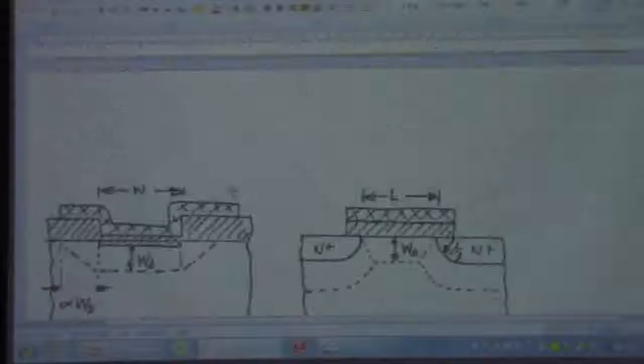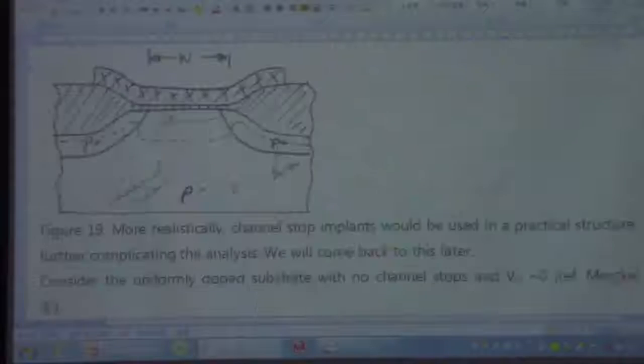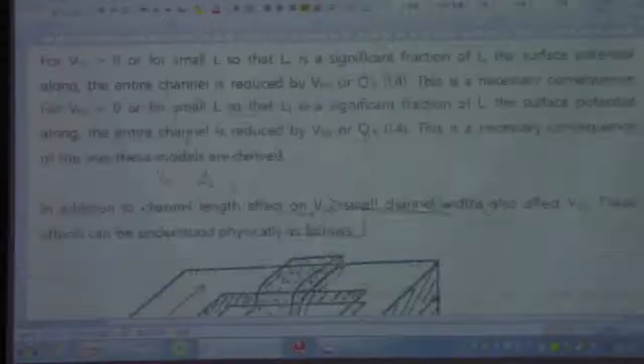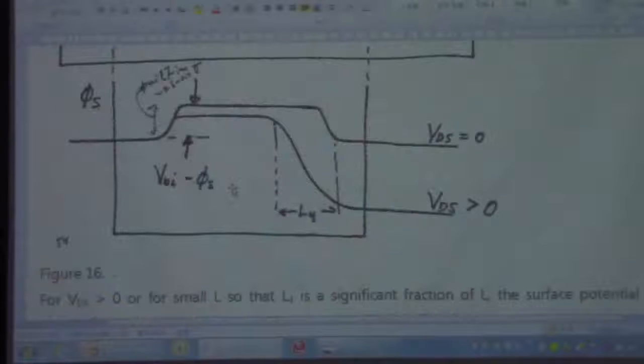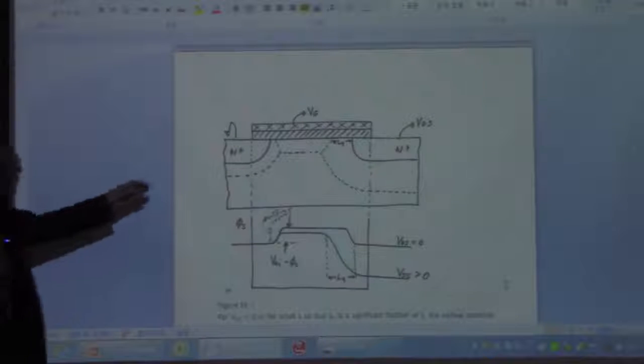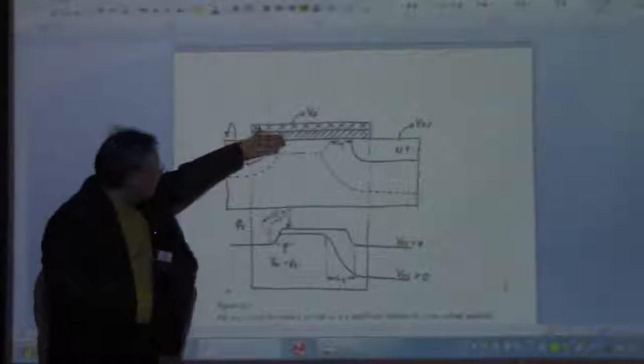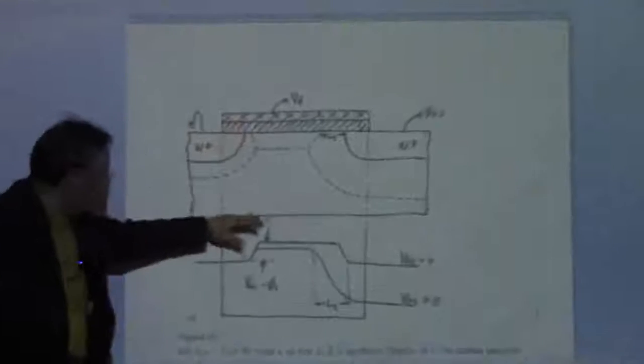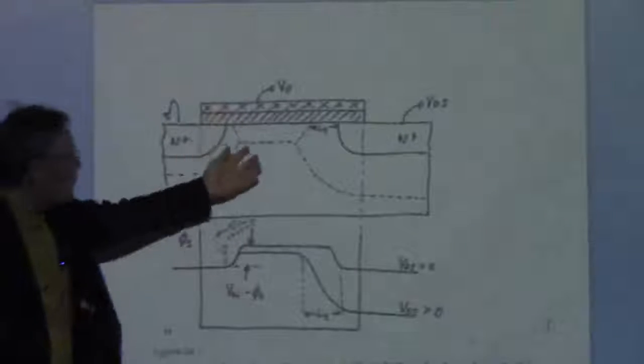We have just seen that when we have a short channel device, and we have, where is figure 16? Okay, here we go. It's figure 16. This part, the depletion layer, is going to lower the potential.